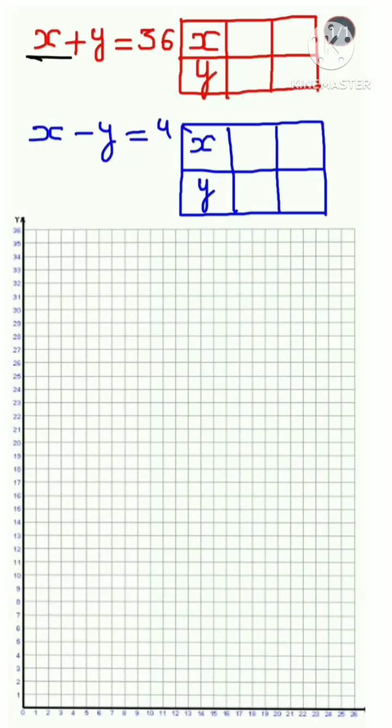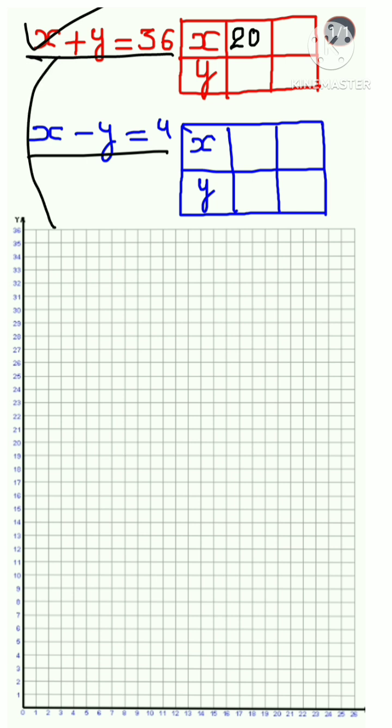Okay, this is our first equation and this is our second equation, and as we know, to solve equations graphically, firstly we need to find at least two values of the variables from each equation, right? So firstly let's find the values of x and y from the first equation, and for doing so let's assume the value of x is 20, then what will be the value of y?